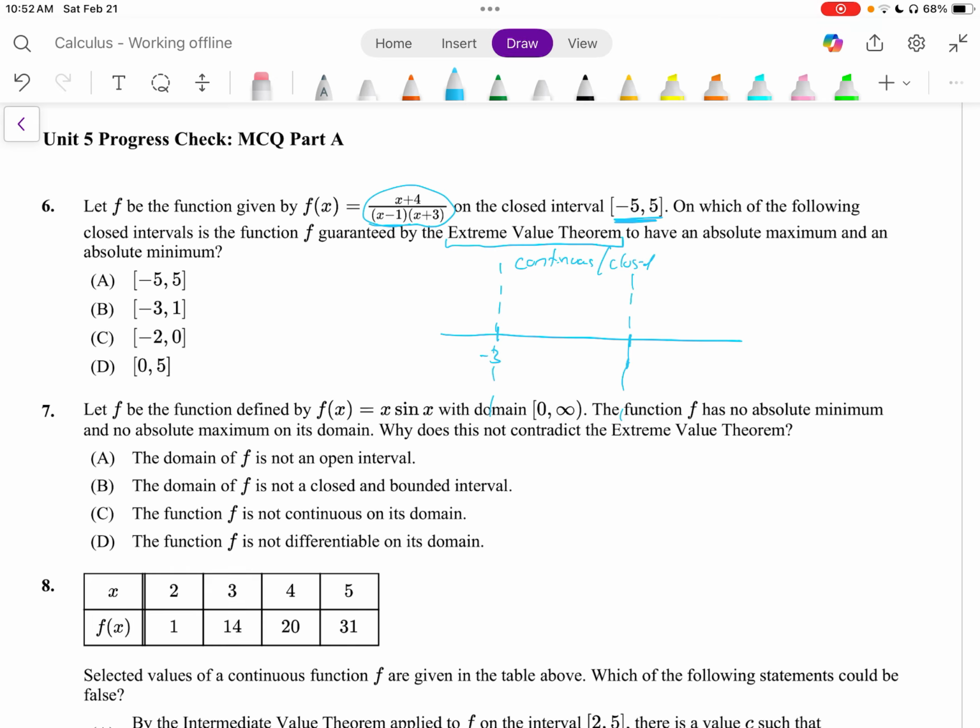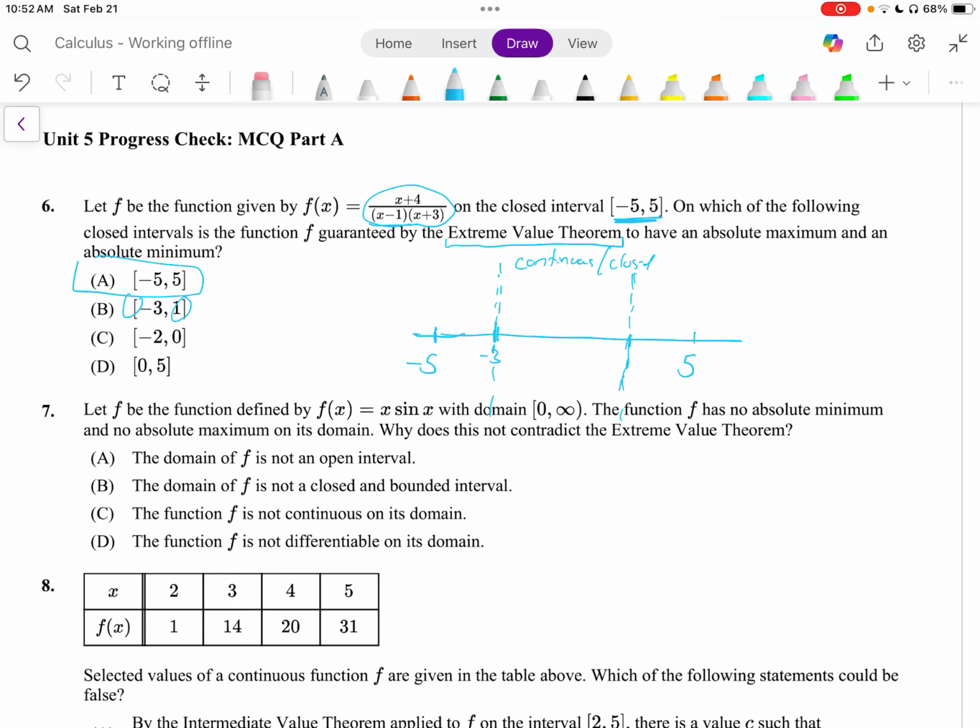Well, if you go from negative 5 to 5, you can't use the extreme value theorem because there's undefined values at negative 3 and 1. From negative 3 to 1 with the closed interval, you can't do that either because you can't use negative 3 and 1. Extreme value needs to be closed, but both negative 3 and 1 are undefined there.